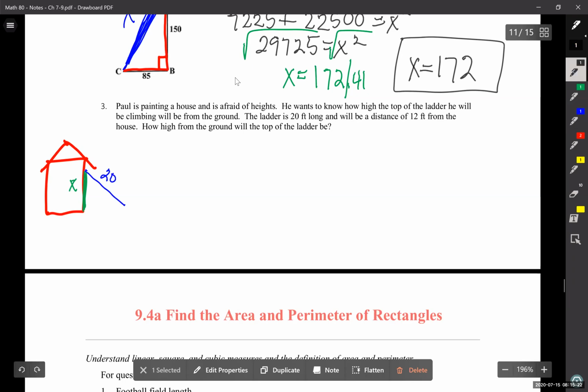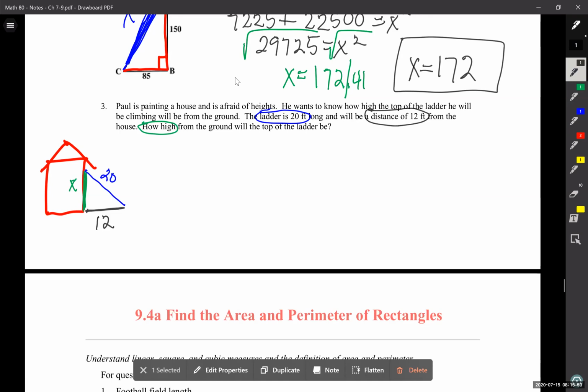And then we also know that the ladder is 12 feet from the house. I did all those in different colors just to make it easier to pop out. How high I did in green, the ladder I did in blue, and that distance of 12 feet from the house I did in black.